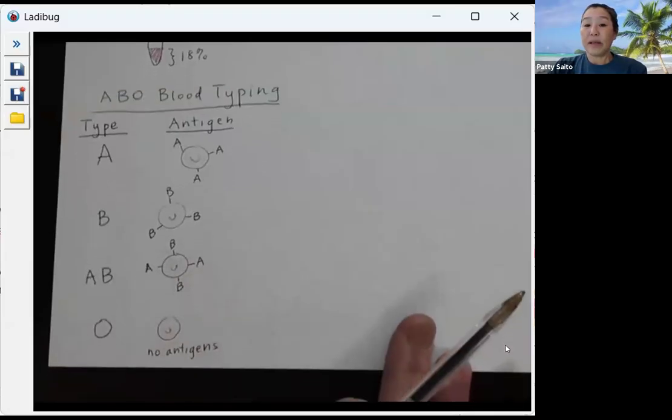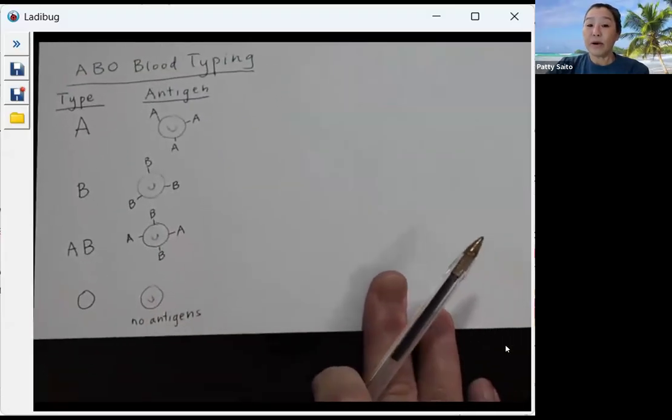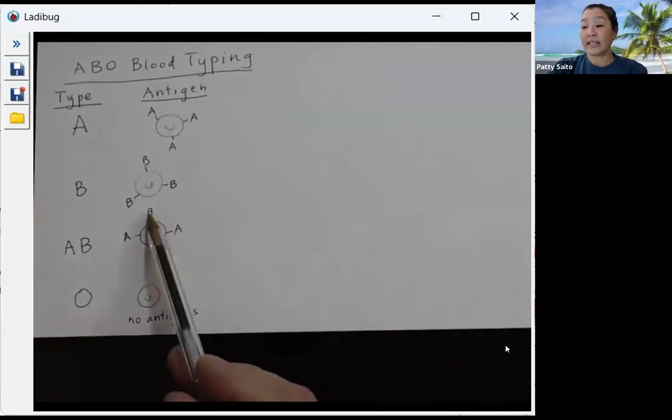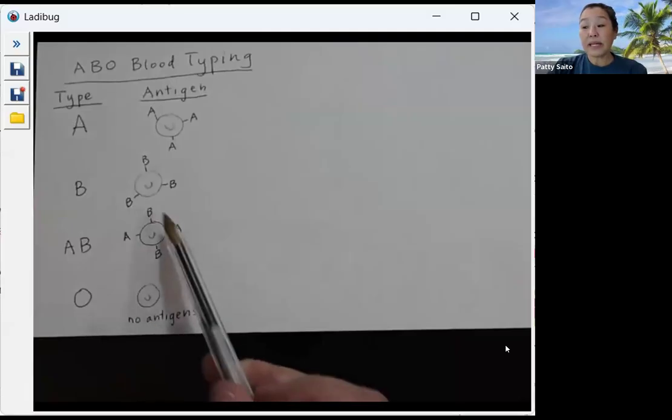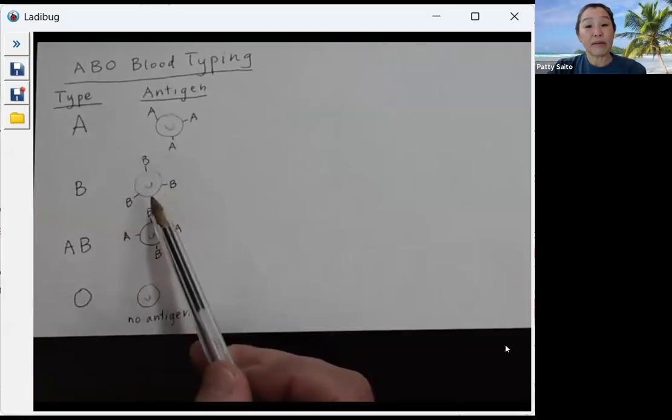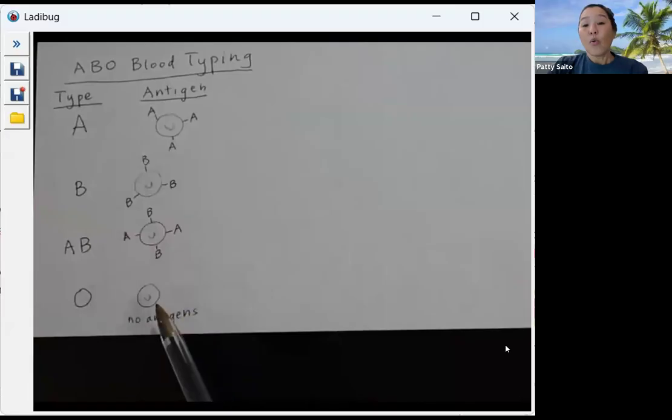How about the AB blood type? If someone puts an AB blood type in my body, what will I do? Hey, I don't recognize that. I'm going to attack it, right? It might not be as severe as the B-type blood, but I'm still going to attack that. What happens if someone puts an O-type blood in my body? There's no antigens. I don't see it as foreign, so I can accept that.